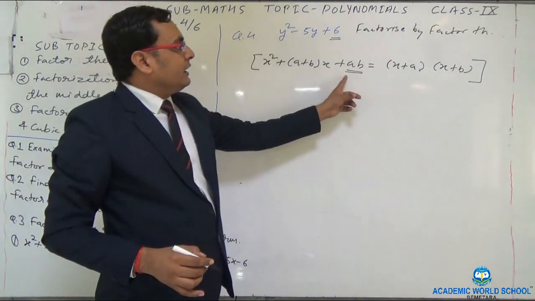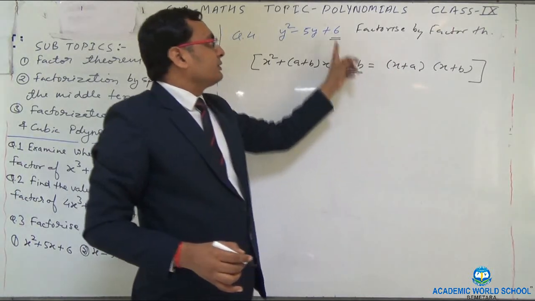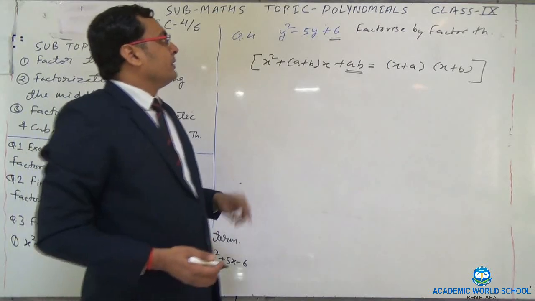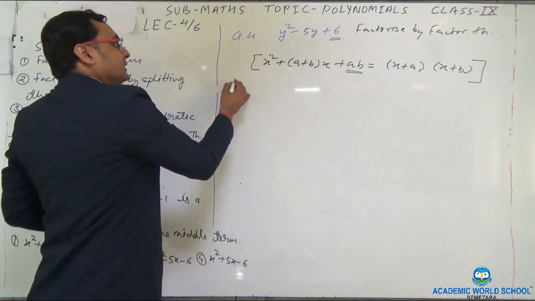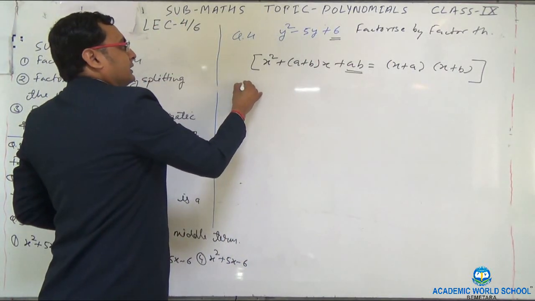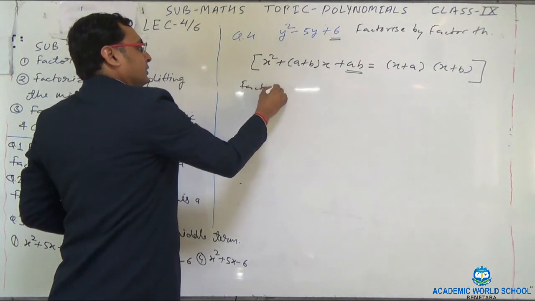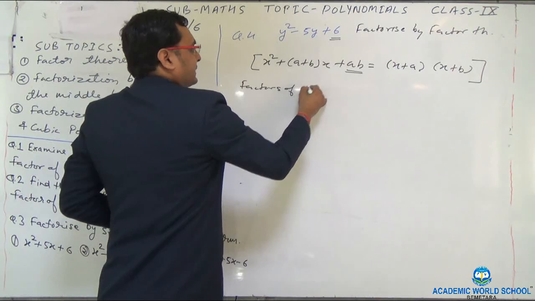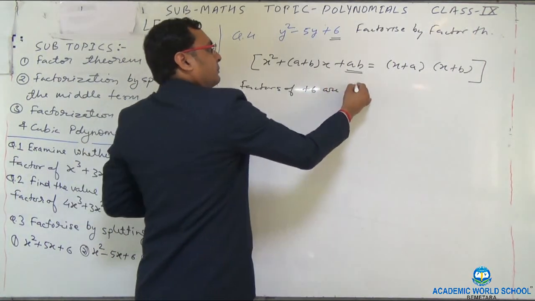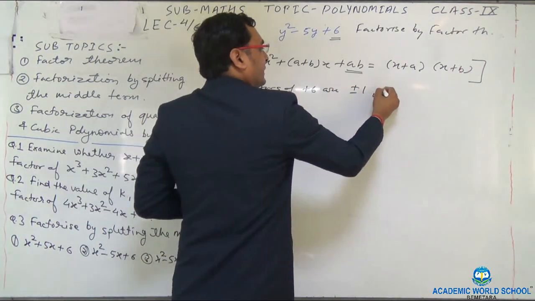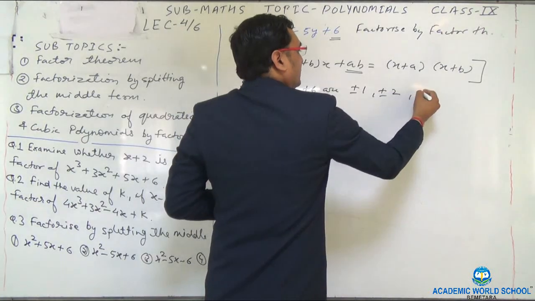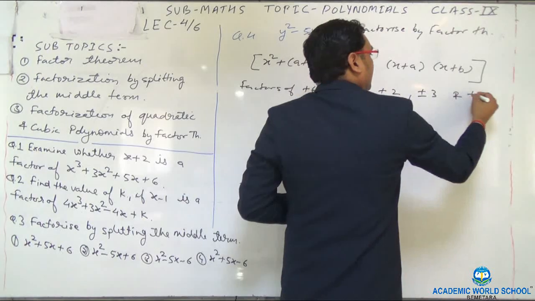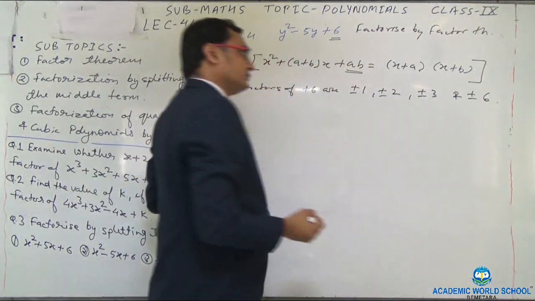It means a and b must be the factors of this constant term. So what are all the factors of plus 6 here? The factors of plus 6 are plus minus 1, plus minus 2, plus minus 3 and plus minus 6.